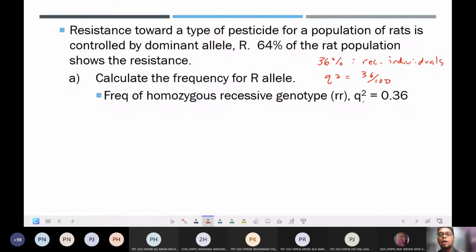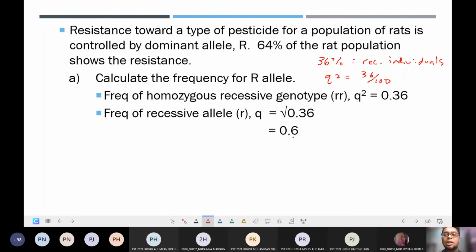Okay, clear semua? Once you get the value of q squared, you continue with the value of q. Okay, q squared dah dapat dah 0.36. So we continue with the value of q saja, which is the frequency of the recessive allele, small r. How? Just setkan dia. 0.36 kita punca kuasa 2, dapatlah 0.6. So this is the frequency of the recessive allele. Tapi kita nak the frequency of the dominant allele.